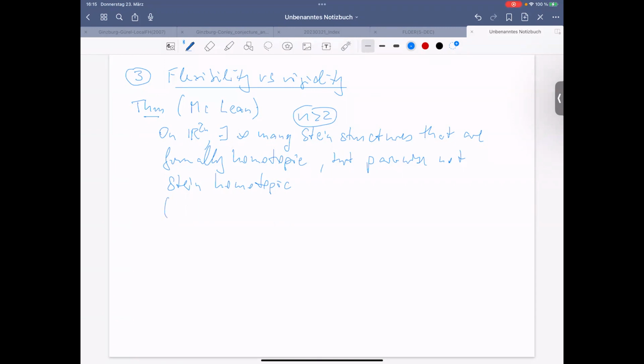And in fact, if you combine it with some more recent results, the same effect, that there's infinitely many different Stein structures, holds on any manifold that admits a Stein structure at all.